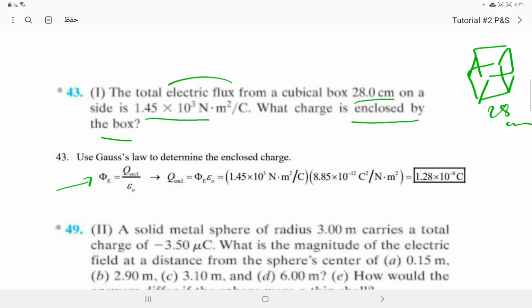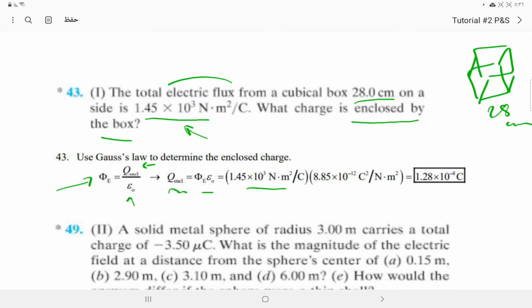So we are not looking for E or the area, so we'll just put the electric flux in this short form, equals Q enclosed divided by epsilon. And from here we can get Q enclosed easily, because now we have been given the electric flux, which is this one.